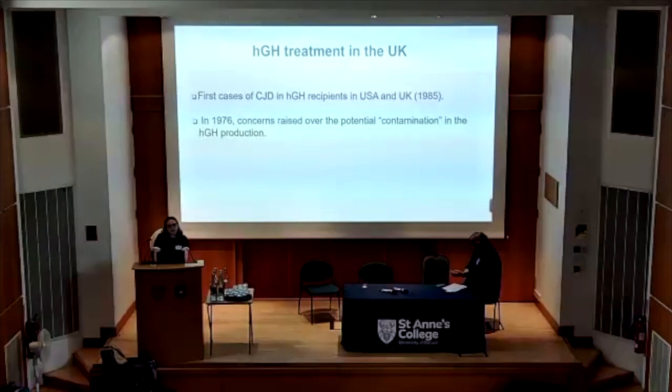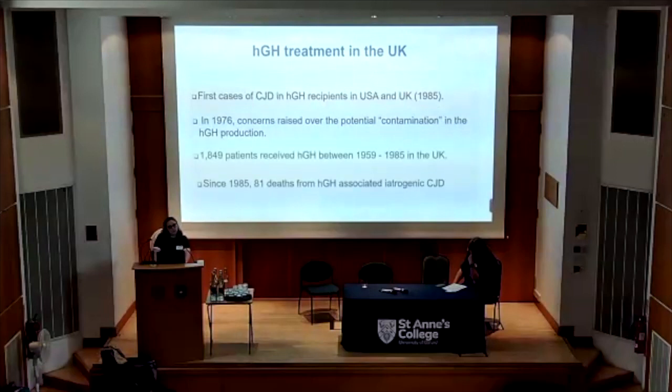So in many ways, there was an opportunity to prevent some of the contamination of these patients. In fact, it was the subject of a High Court case in which the Department of Health and the MRC were found to be negligent.